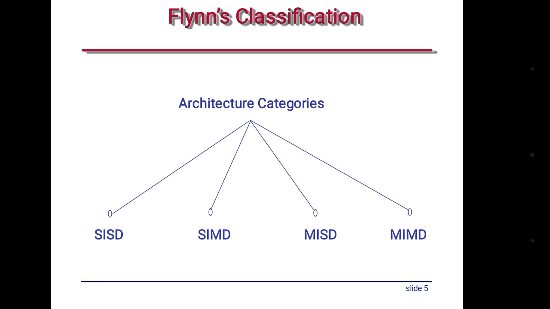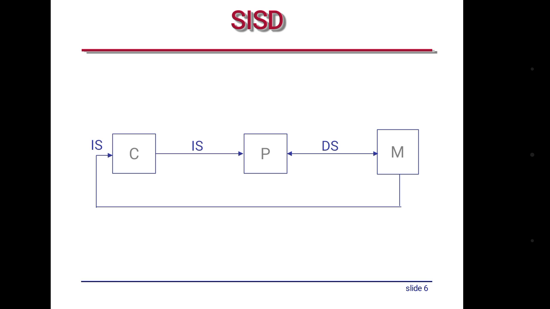Let's begin with the first one, that is SISD. In SISD, as we can see here, the control unit takes a single instruction from the memory. After fetching the instruction, the control unit transfers it to the processor.